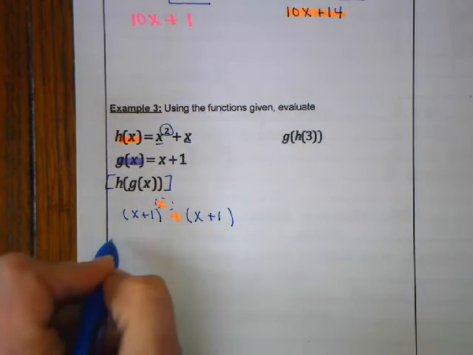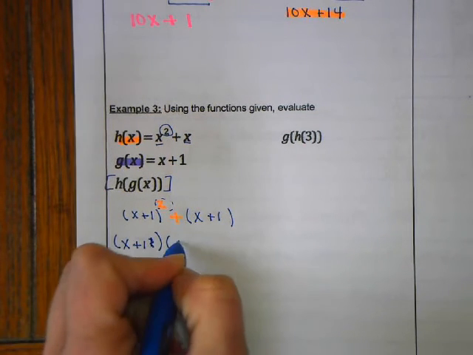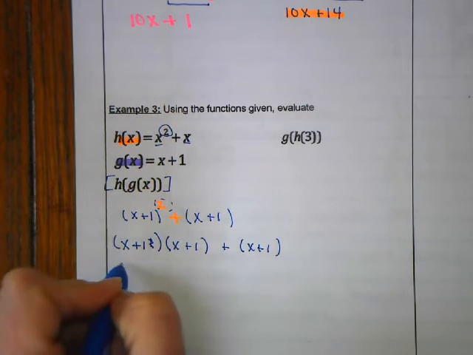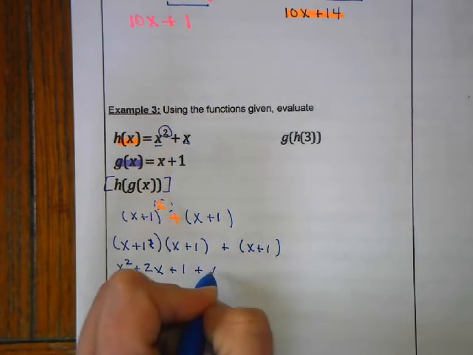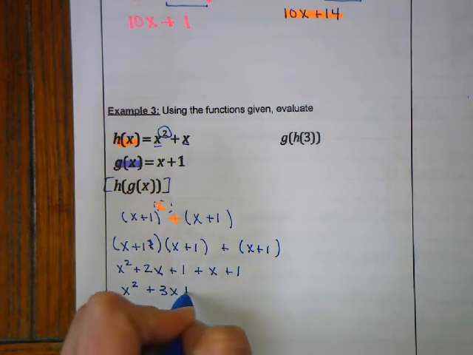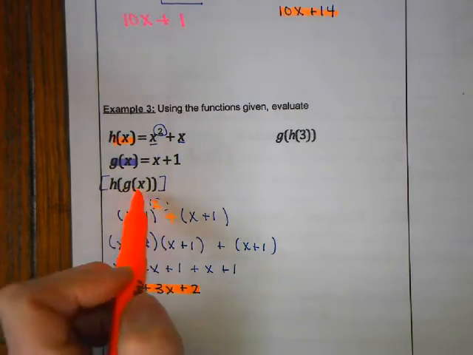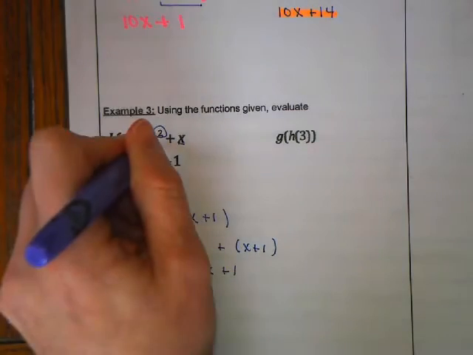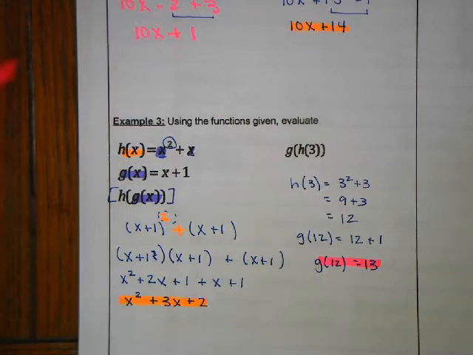Don't forget, when something is being squared, you have to write it out twice and look to FOIL. Final answer, when you substitute a function into another function twice, we took our g function and substituted it in for both x's of my original function.